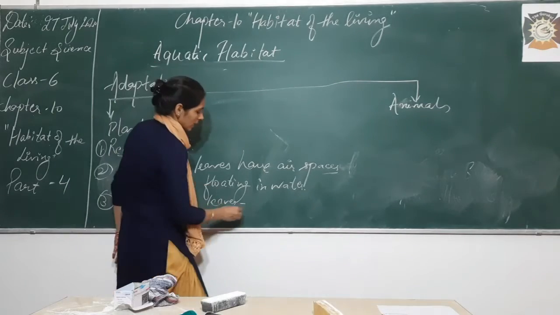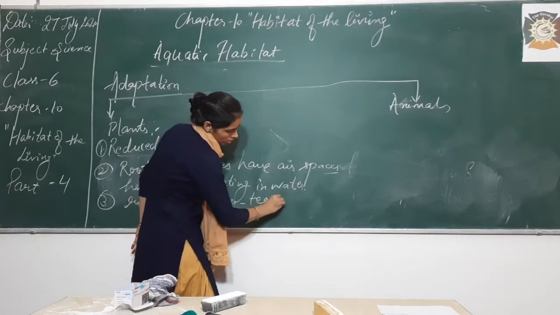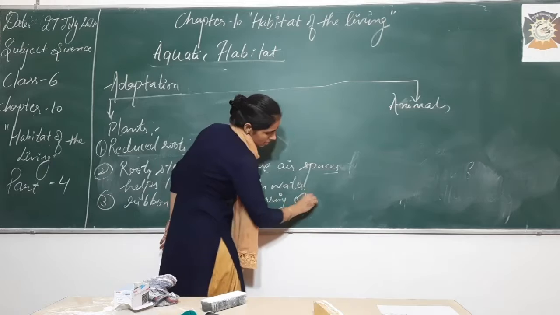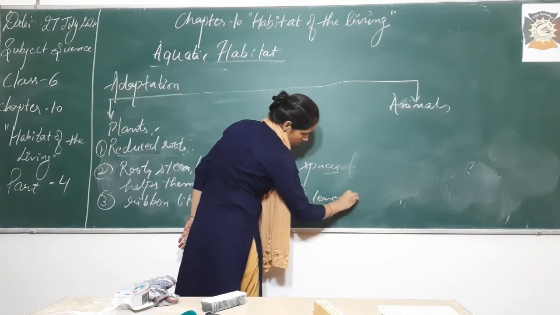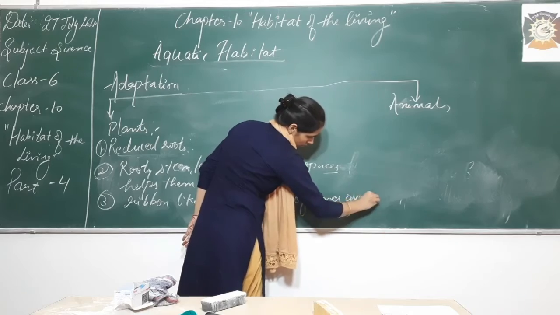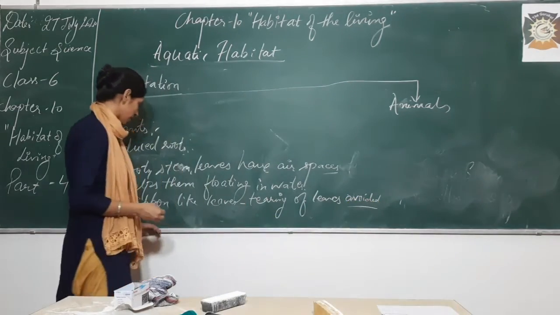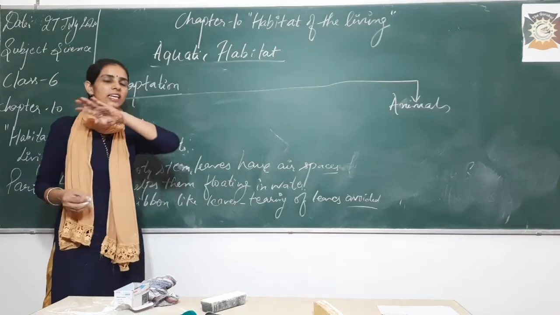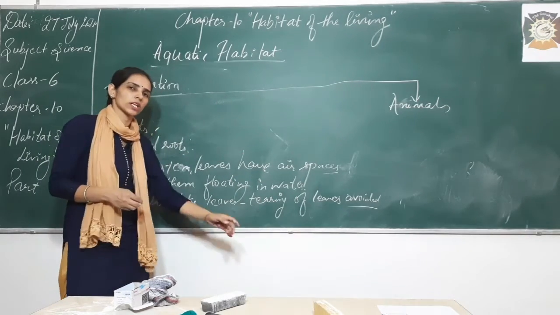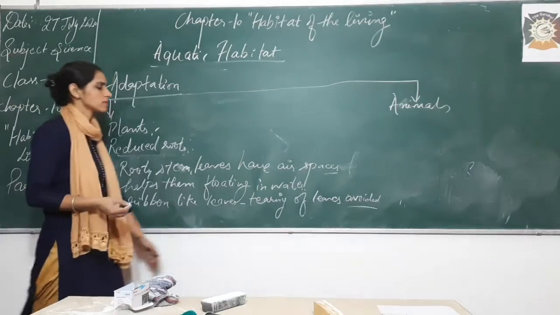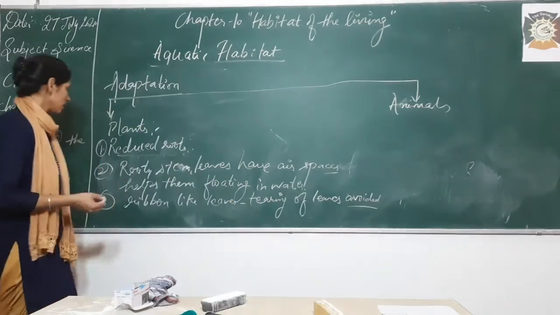So tearing of leaves is avoided when the water flows, because they have ribbon-like leaves which can easily flow, as water is flowing, and the leaves are not getting torn.